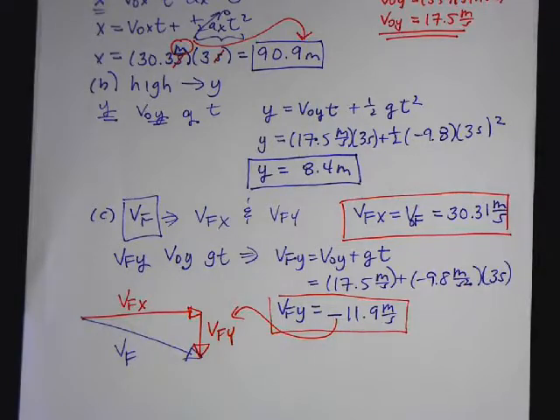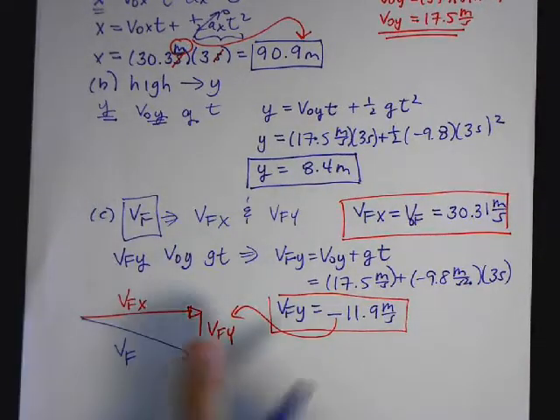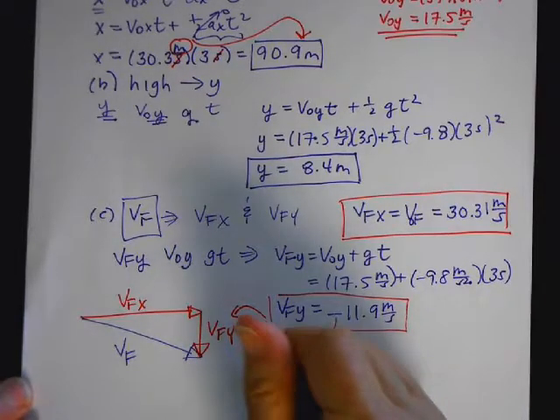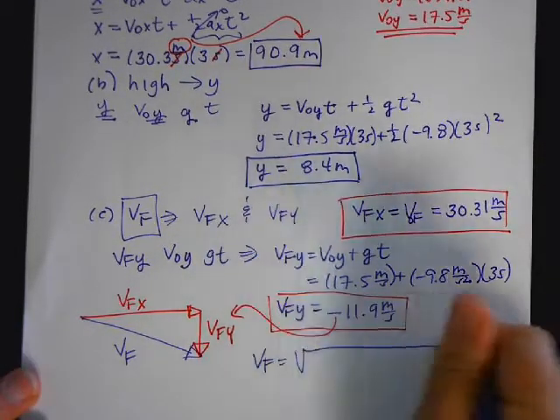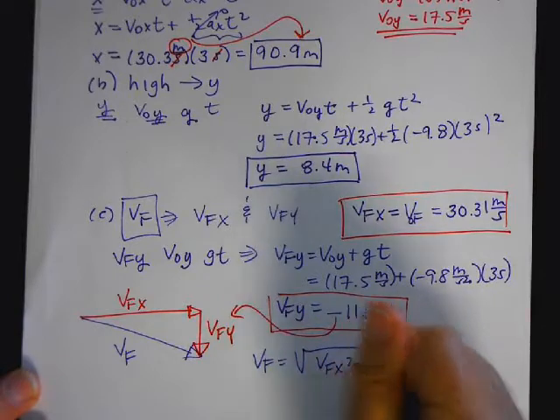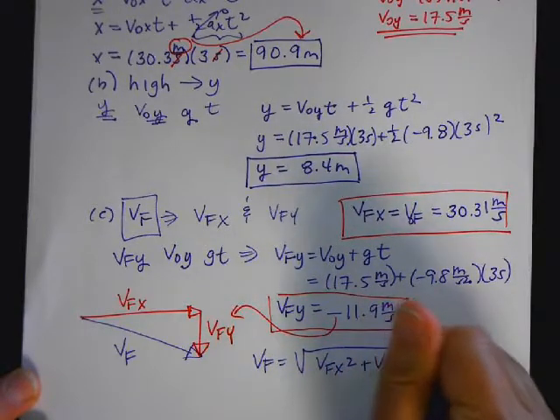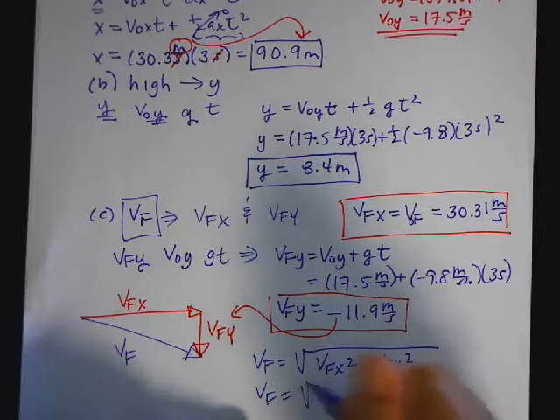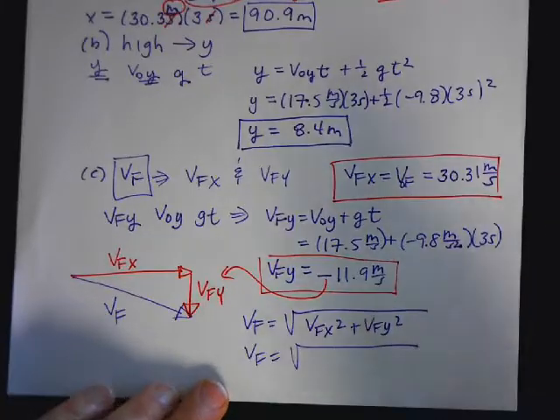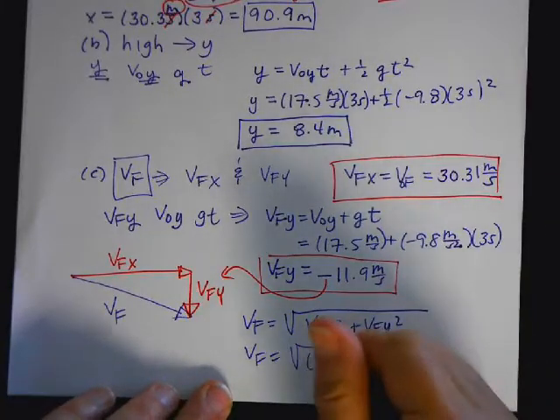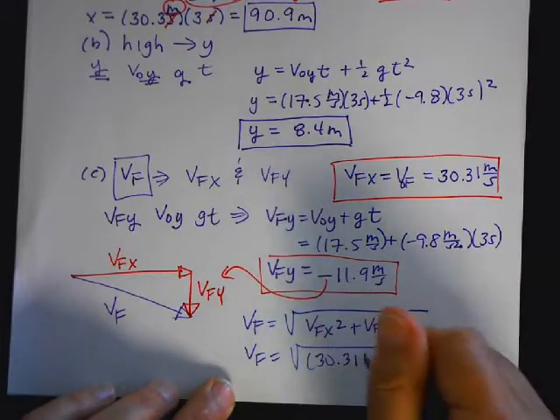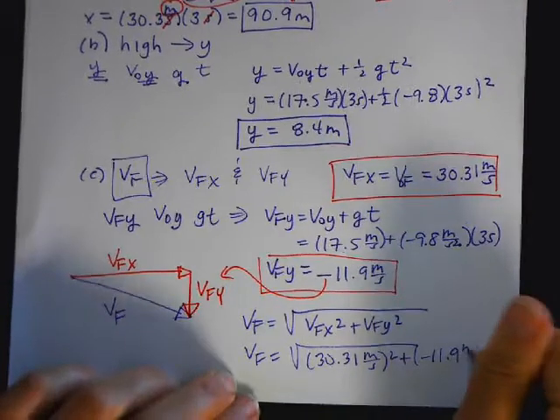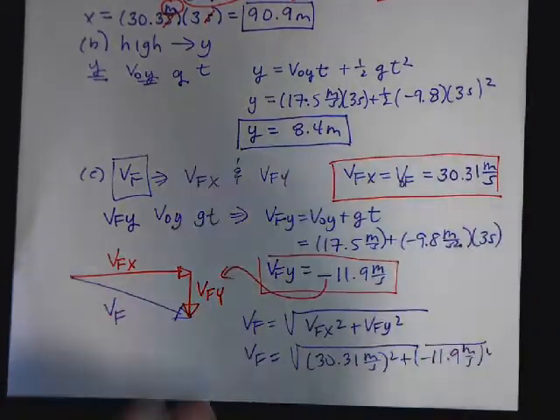So this is a right triangle because my vectors are perpendicular. So VF is equal to the square root of VFX squared plus VFY squared. So VF is equal to the square root of 30.31 squared plus negative 11.9 squared.